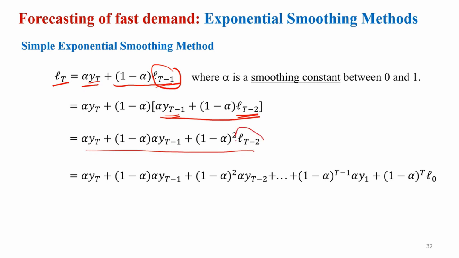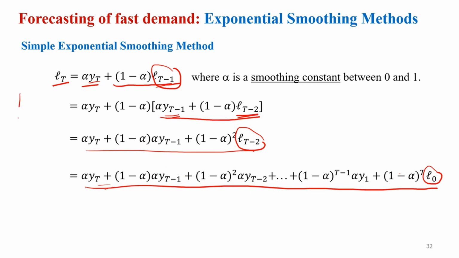Now if I further open this one, and then further open Lt minus 3, and then further open Lt minus 4, I'm going to get this series, where this is the initial value, okay. This is the current value. So now we can see that as the time period goes backward, the weight of alpha starts decreasing exponentially.